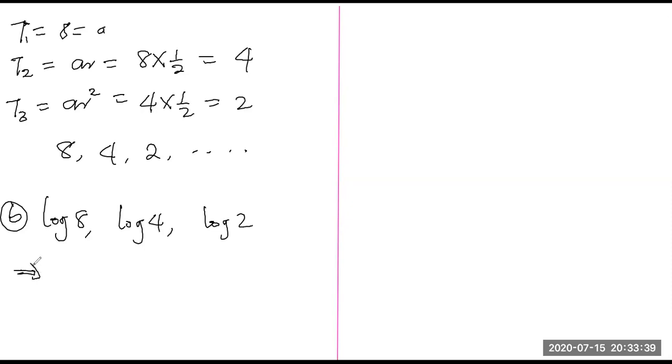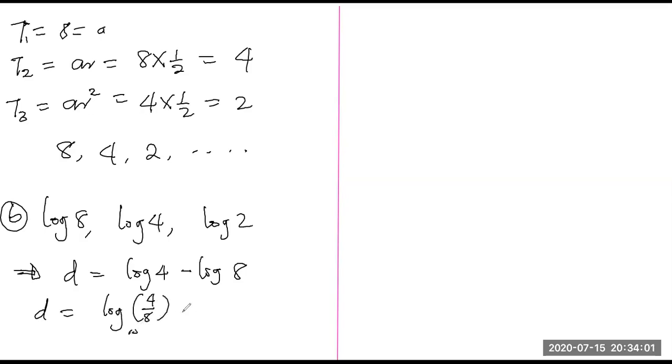The common difference D is equal to log 4 minus log 8. Of course, you can also do log 2 minus log 4. And when you use your calculator, you can have D equal to log of 4 divided by 8 in base 10, and that will give us log of a half in base 10.